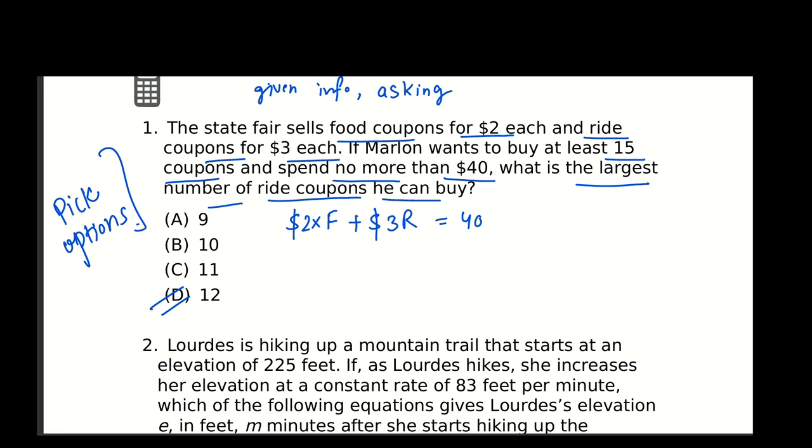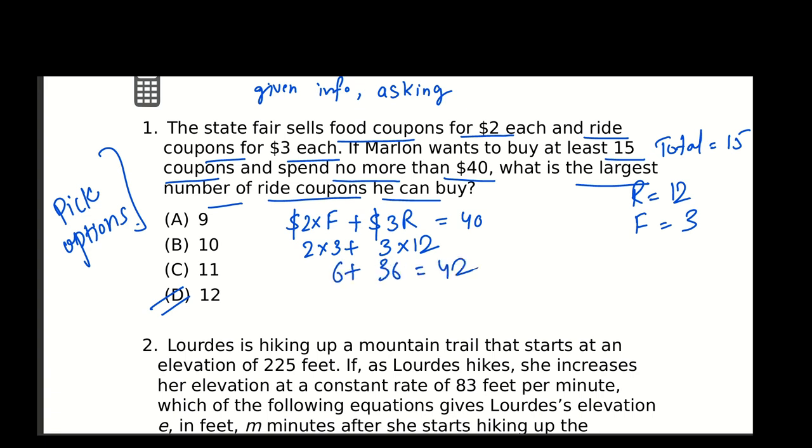If the ride coupons are 12 and the total coupons are 15, then the food coupons would obviously be 3. So we put the values in and check. Is it equivalent to 40? No. It is more than 40, that is 42.